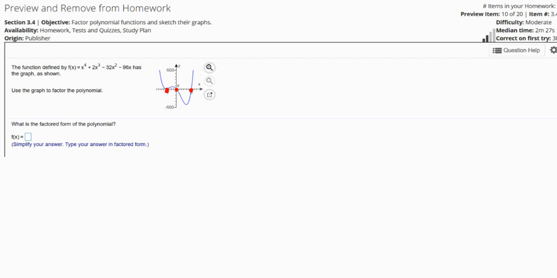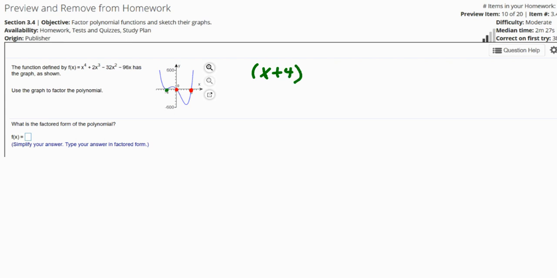And so that means that I would have factors of the form. Let's see, what is that number there? It looks like it's at -4. So I'm going to call that one, that factor is x minus a -4, which would make it x plus 4.